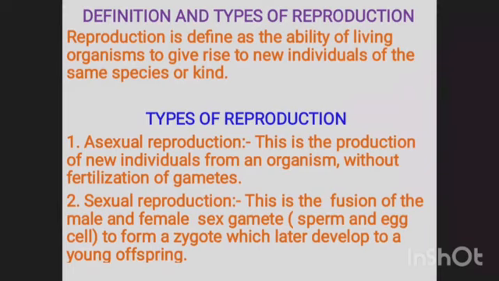So this is the production of a new individual from a single parent, just one organism, without the fertilization of gametes. The word gametes will be discussed further in the lesson.